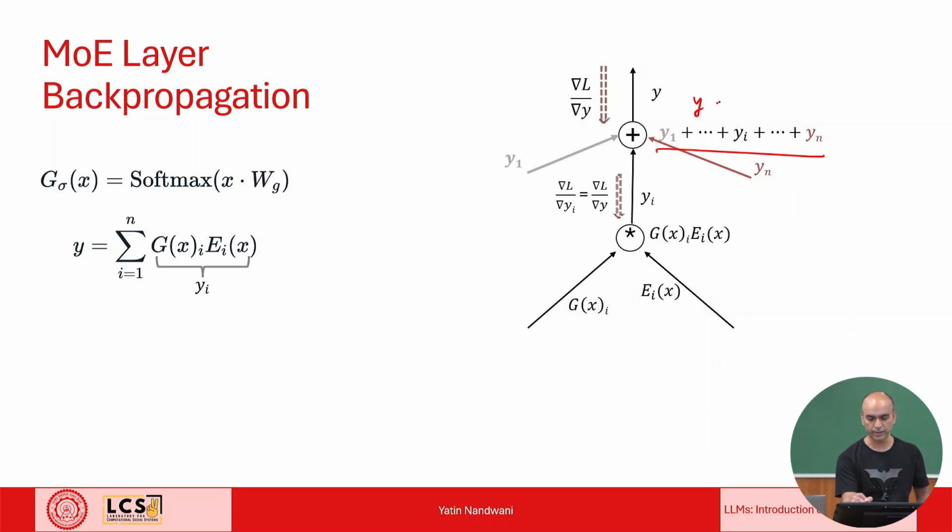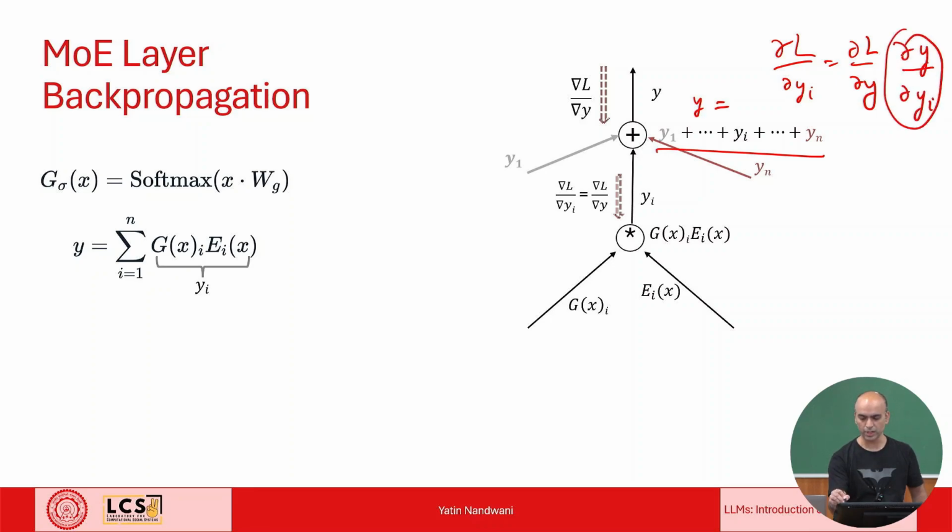If you apply the chain rule to Y equals this, you get the derivative of the loss with respect to each Yi as the derivative of the loss with respect to Y times the derivative of Y with respect to Yi, which is 1. Simple chain rule gives us that the derivative of the loss with respect to each of the experts is nothing but the derivative of the loss with respect to the output that we get from above.